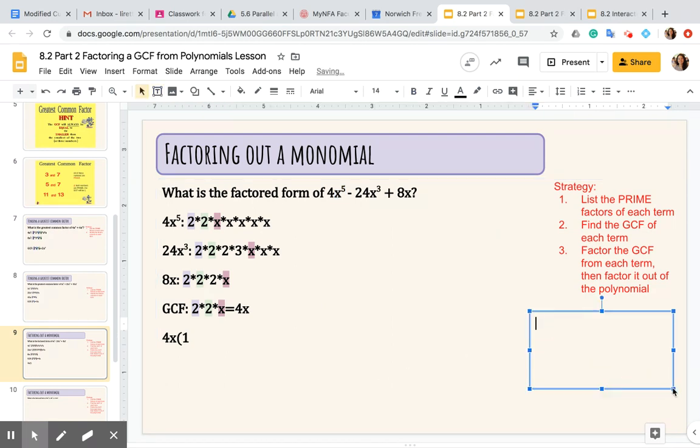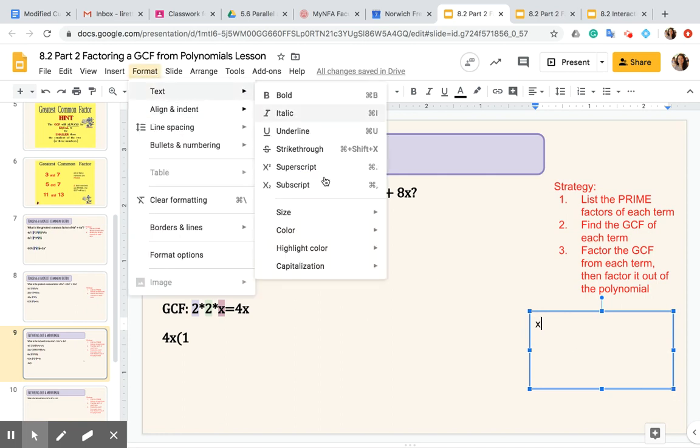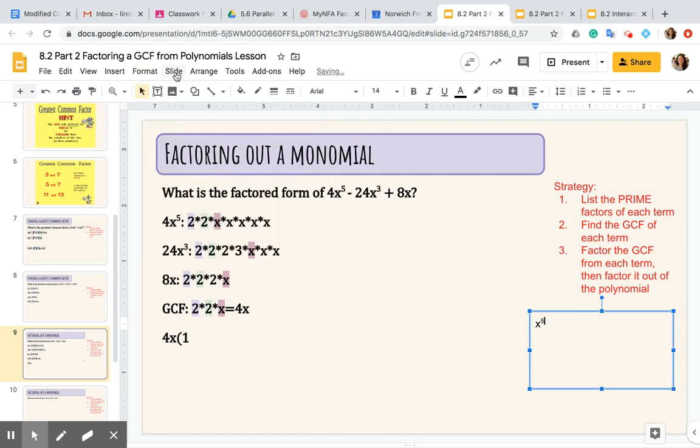If you divided x to the power 5 divided by x, what would you do with those exponents? What was that property that we learned in chapter 7? Remember, this has an exponent of 1 on it. Well, you would subtract the exponents. So what you're going to be left with is an x to the power 4.